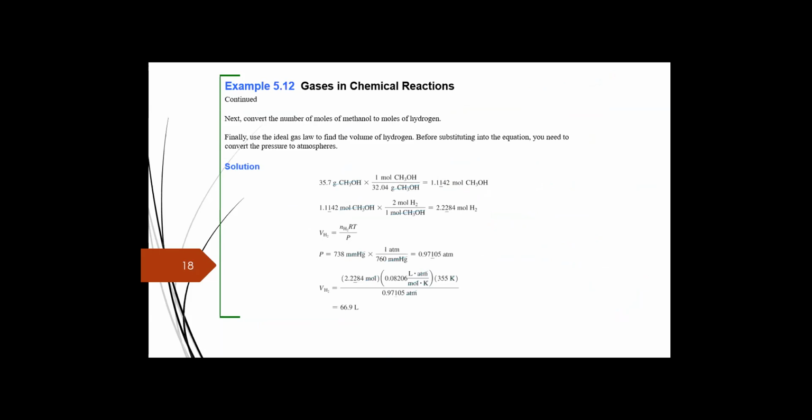So in the same way that we've been dealing with all of these stoichiometry problems, we've now added another container to it. Instead of only being able to go from our grams to our moles for a solid using the molar mass, we can also go from the volume of a gas to our moles using the ideal gas law.